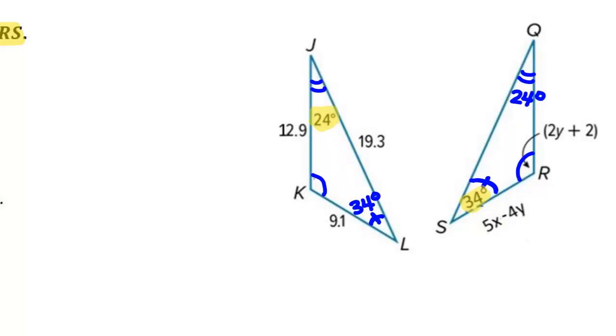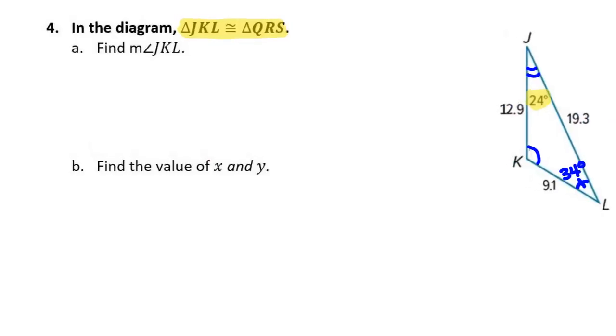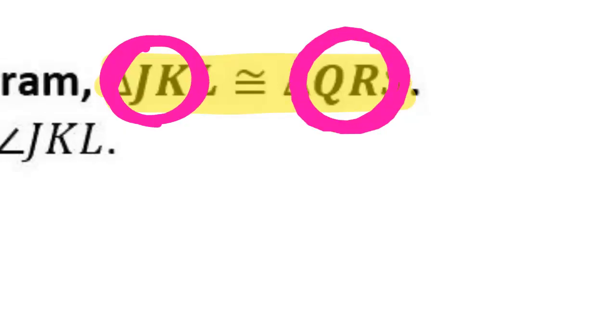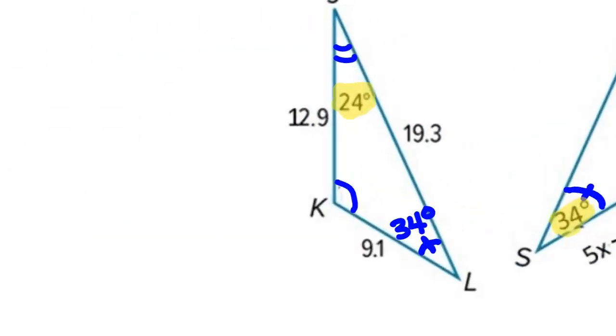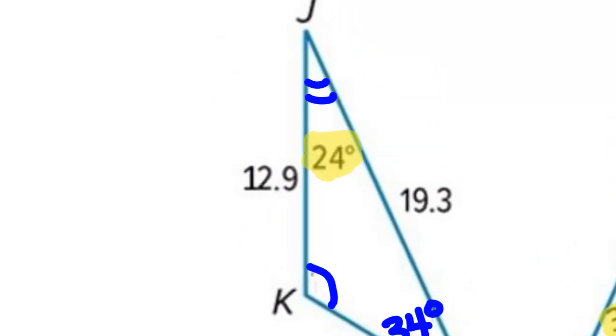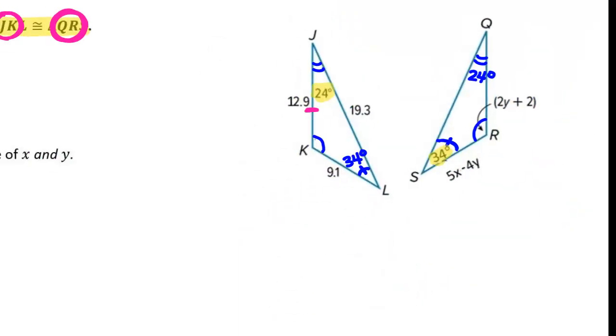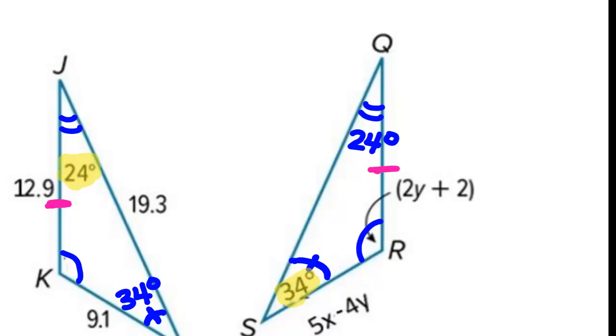So what are the sides that I can mark as congruent? Give me one pair of sides. JK and QR. First two letters, first two letters. Here's JK. And here's QR.